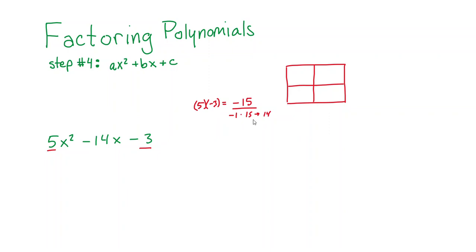But you can see that if negative 1 plus 15 is 14, then negative 15 plus 1 is negative 14. So there's the factor pair that's going to work. Okay, now let me draw my boxes here a little bit better, a little bit easier.